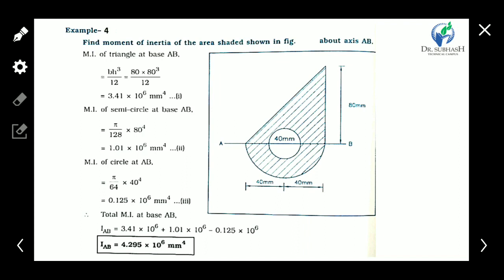Let's start with the triangle, about the AB axis, or from the base. The moment of inertia of a triangle about its base is b h cube upon 12. The breadth is 80 and the height is 80. So the MI of the triangle is 3.41 into 10 raised to 6 mm raised to 4.